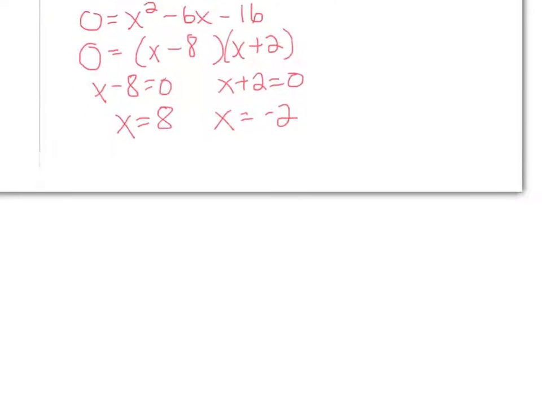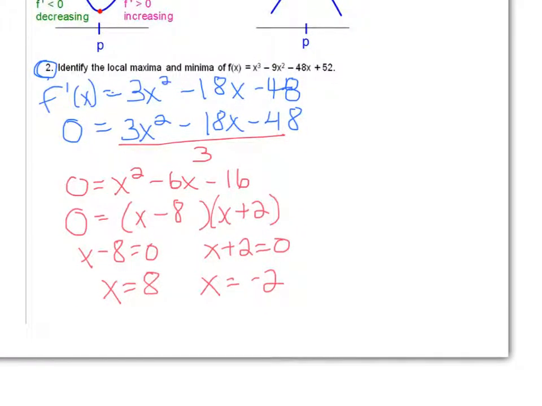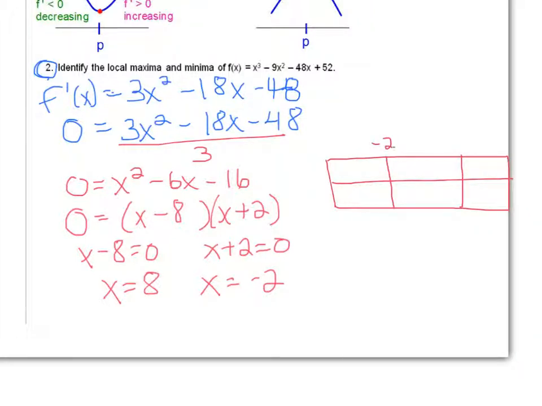So here's what we're going to do with those two values. I'm going to make a chart. Now on your quiz on Monday, I'm going to provide you with a chart, just like for the next problem we're going to do. So we have negative 2 and 8.